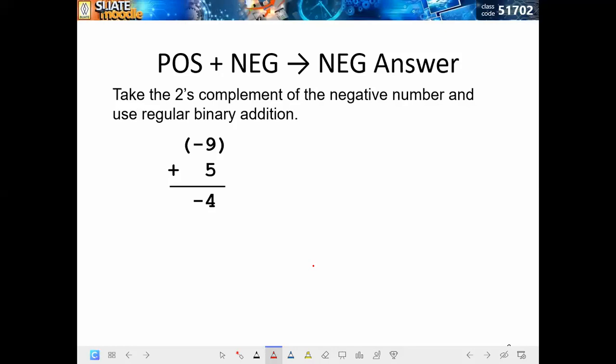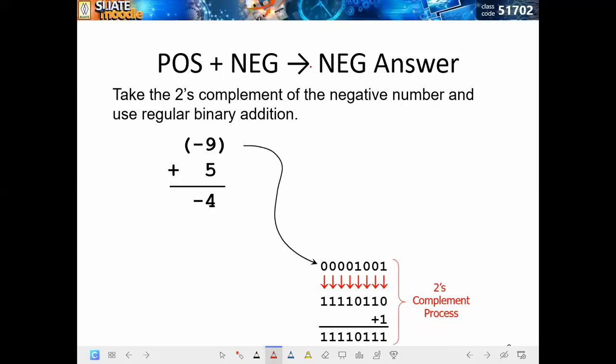Positive plus negative. You will get a negative answer definitely if the negative number is greater than the positive number. So if you find a negative number, what you have to do is get the 2's complement value. Through that process, we get this one as the 2's complement value.